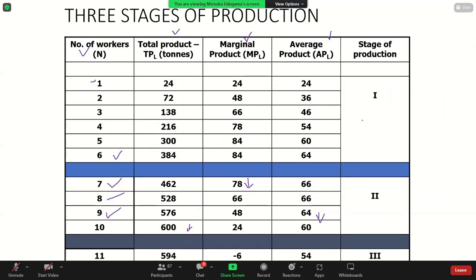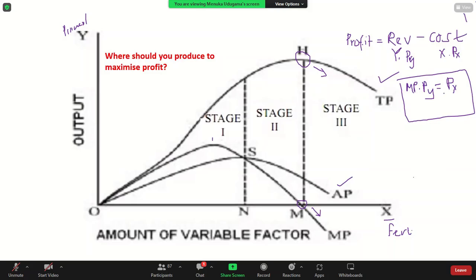Marginal product times price of pineapple equals the unit price of the input. Right. So once you find that, you can find the optimum point.